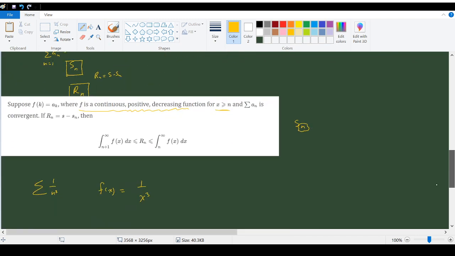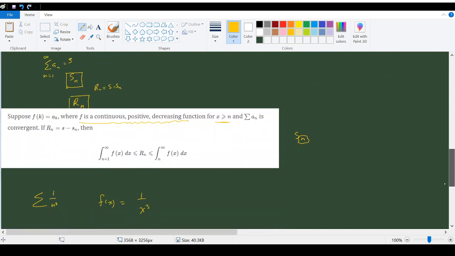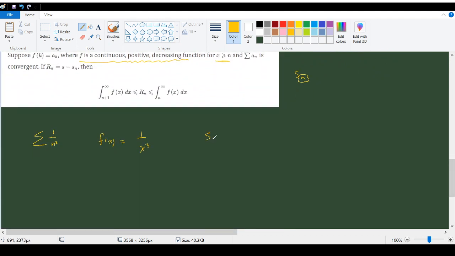Even if you use a calculator, you can see that the addition of the first 10 terms is like this. You should obtain this one from a calculator. It's 1.1975.